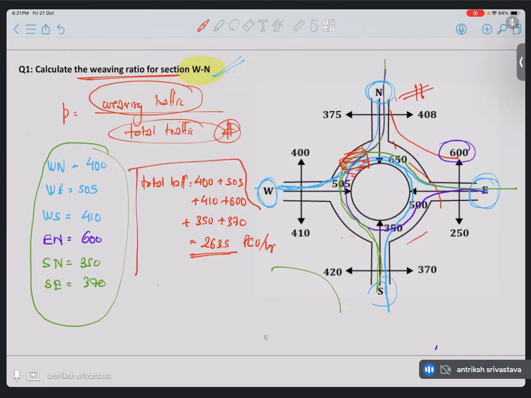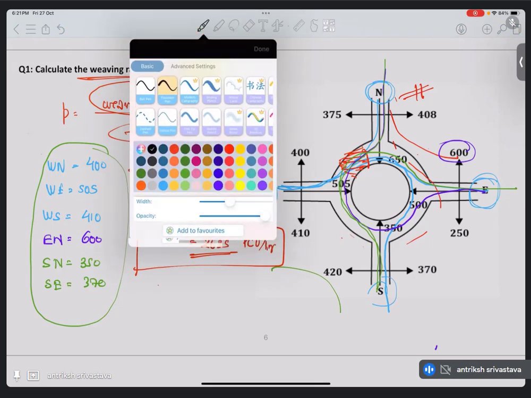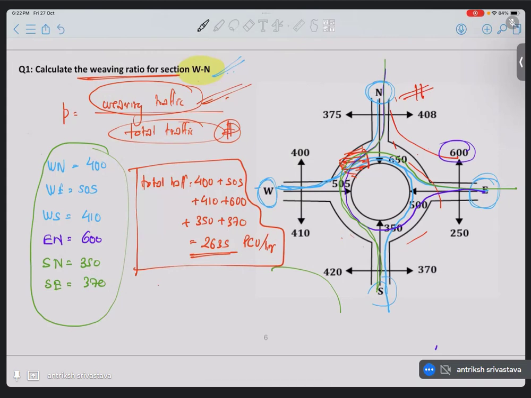Now the trick is how to identify weave traffic. If there is any difficult part in this question, this is the most difficult part. So here is a trick that I learned from a YouTube video.